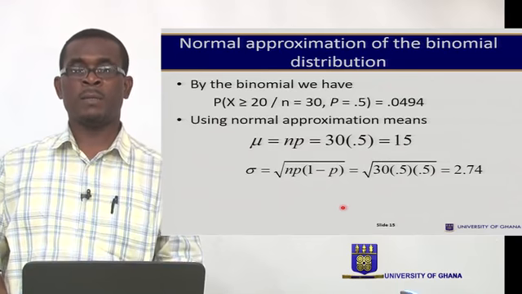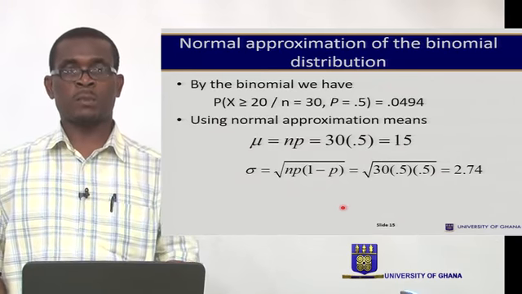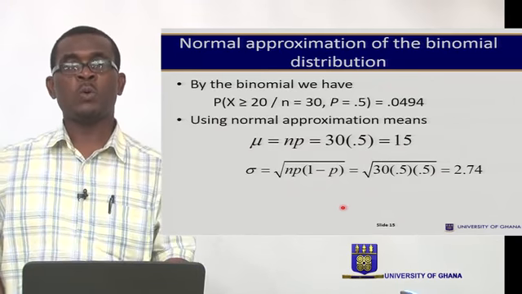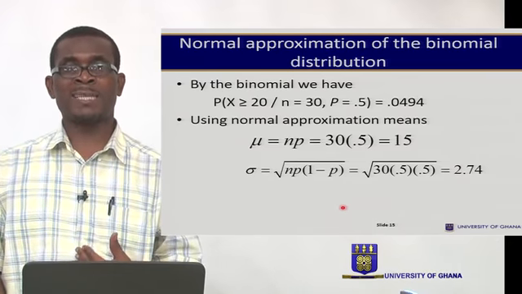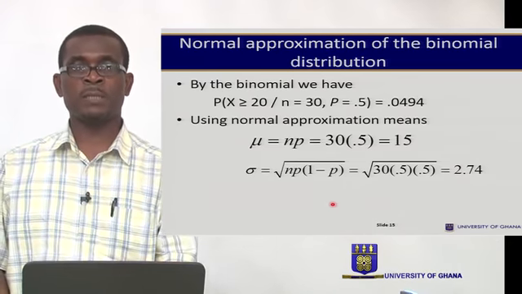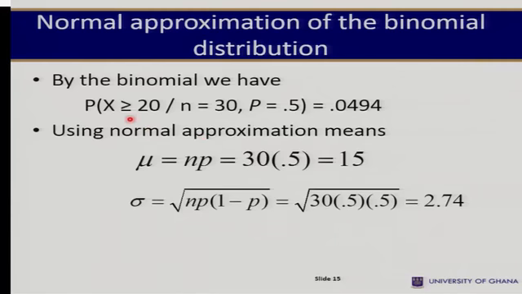Because that's a binomial. Heads or tails, success and failure. So since our success is heads, the probability of a head, P, is 0.5. We want to find the probability of the heads being greater than or equal to 20, given that the coin is tossed 30 times and the probability of head is 0.5.